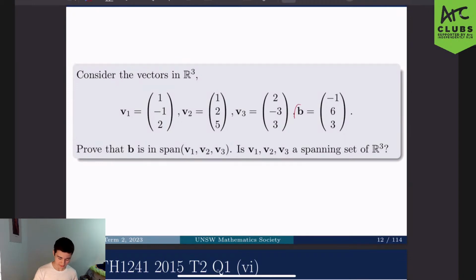Essentially, we need to see whether we can make a linear combination of v1, v2, and v3 that constructs b. Our initial thinking, if we jump back to high school or wherever we learned our initial algebra, is that we have x, y, and z components.